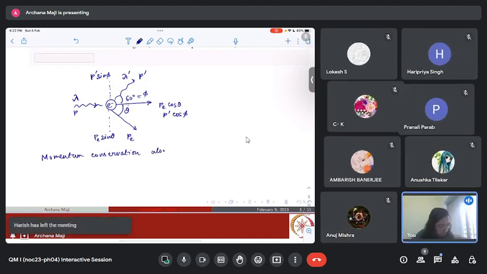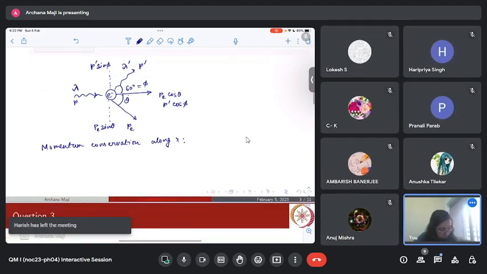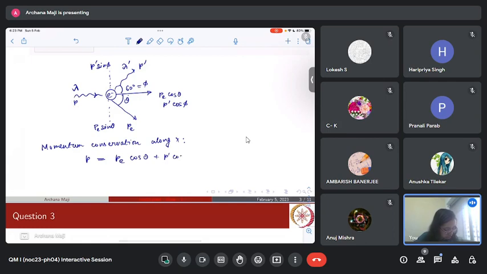Momentum conservation along x, let's say: the initial momentum is the momentum of this incoming photon, and the final momentum is the momentum of the electron along x direction and the momentum of the scattered photon along x direction.